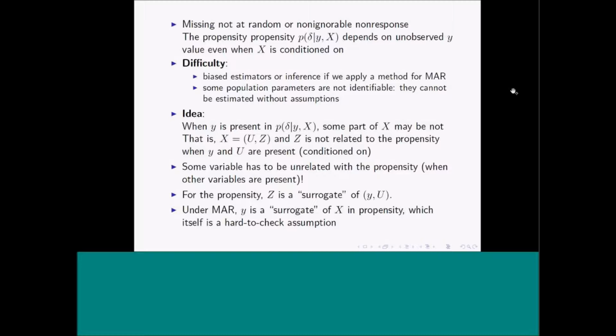And here z can be excluded from the propensity when y and u are present, or conditioned on. I just write a simple notation, x equal to u and z. It sounds like u and z are components of x, but in general, they could be just some functions of x, as long as the two functions put together give you back the entire x. So they could be functions.